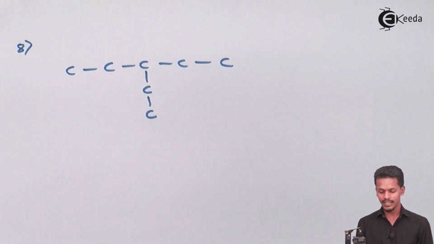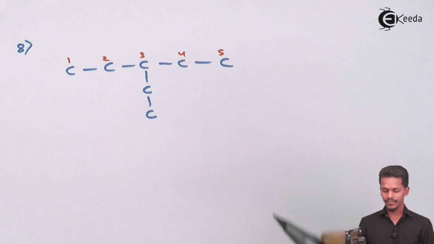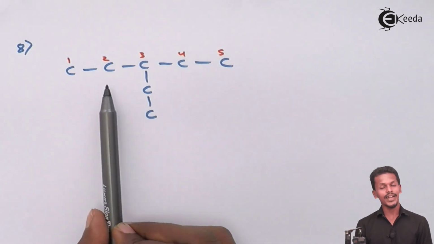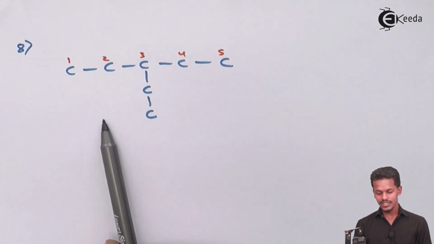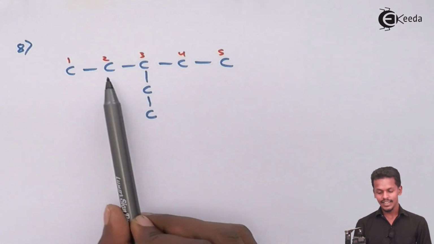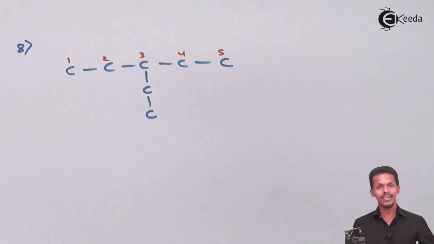Suppose I number this as 1, 2, 3, 4, 5. Suppose this is the one I have attached on the second carbon atom, then this would be the first, second, third, and in third position I could see a methyl group. So this is the one that we have mentioned earlier also, and we did an isomer for that.